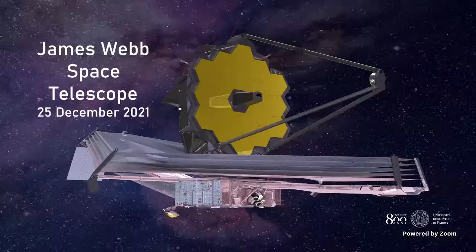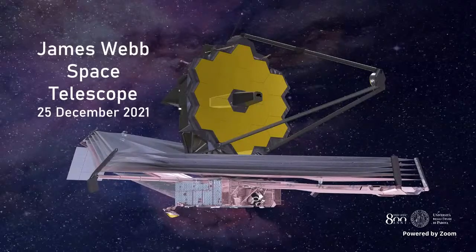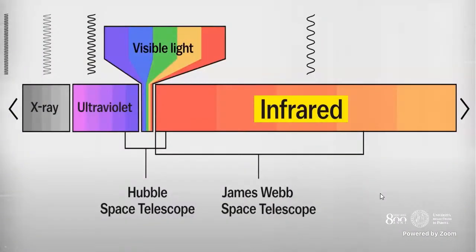Another space telescope is the James Webb Space Telescope, which was launched on 25 December 2021, so recently. The difference between the Hubble Space Telescope and the James Webb Space Telescope is in the spectrum of light we can see, from X-ray to visible light, the light that we see, and infrared.